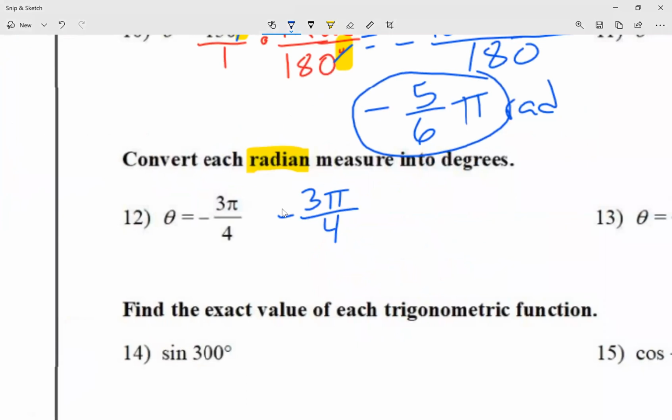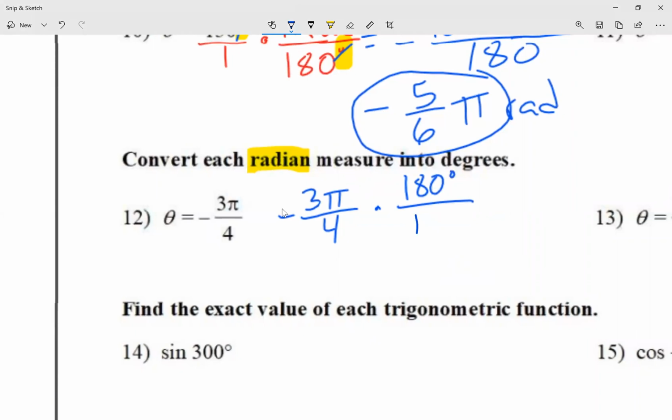This one's a fraction already, so I'm just going to leave it as a fraction, times. In this case, because I'm going into degrees, I'm going to write 180 degrees over pi radians.